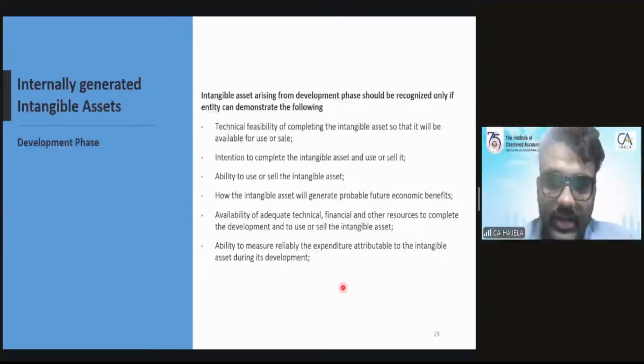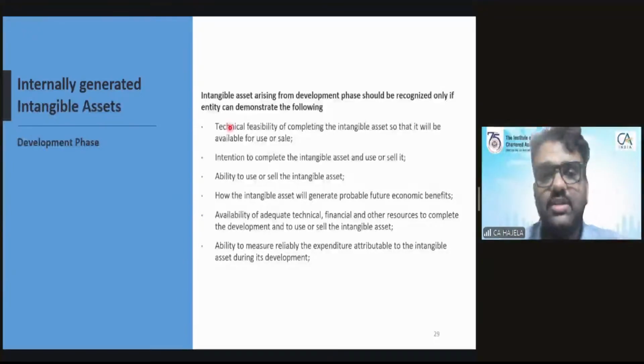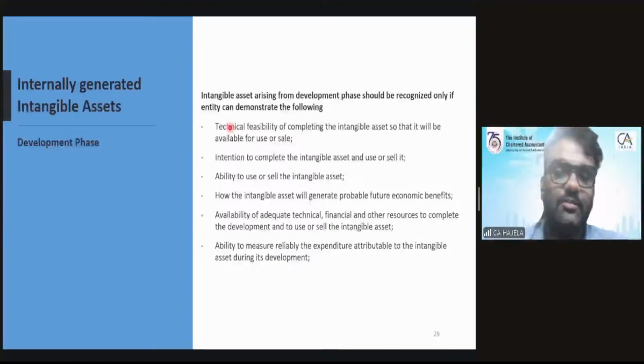Of course, it's a hypothetical example, but I'm just telling you that though I have the formula, though I have the prototype, it is technically not possible for me to develop it to a stage where that asset will be available for use or sale. Can't capitalize. And not one, all these conditions should be satisfied. So if it is not feasible technically, can't be capitalized.